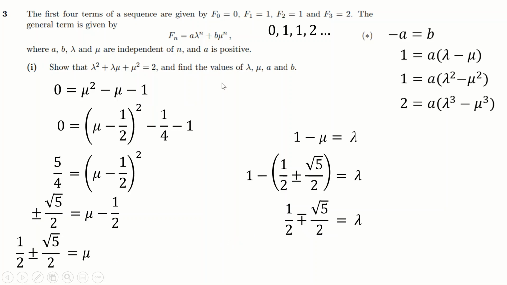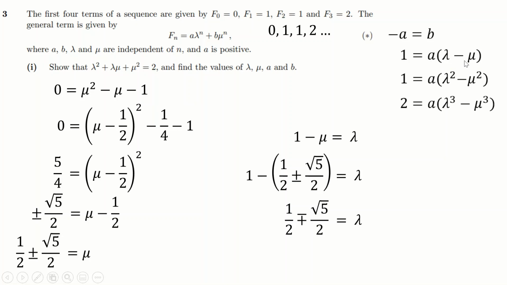Except, and they've been really cheeky here, this is difficult to spot. In the question it says a is positive. Now why is that relevant? I'm talking about mu and lambda. Well, look at this line here. If a is positive, this line says a number times another number is equal to 1. Well, if a is positive, that means that this number here must also be positive, because two positives multiply to make a positive.